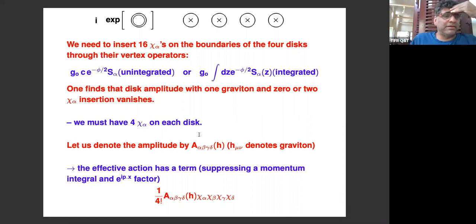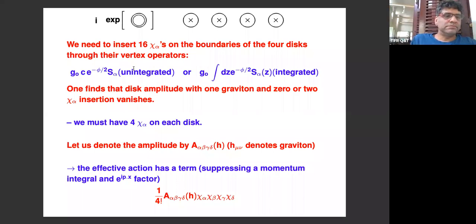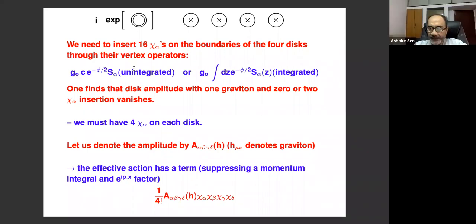Ashok, I'm really sorry, but I missed the logic for these chi's. Why are we inserting chi's on the disks? I understand that you get something 0 otherwise, but what was the reason that the procedure forced us to do that? Yeah, so the point is that we are trying to calculate this path integral, right? Open string modes will be integrated out at the end because you only have external closed strings.